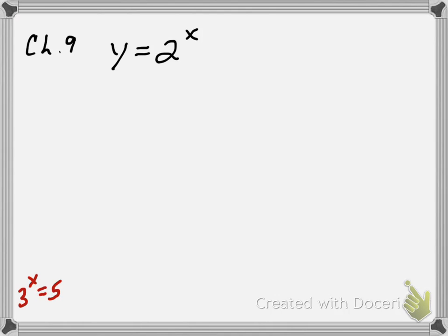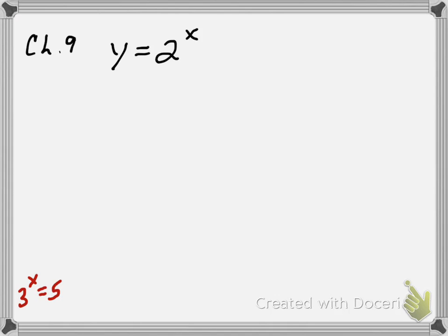You don't know how to answer that right now. You could answer 3 to what power is 9, but you have no way using your current math skills to answer 3 to what power is 5. We're going to learn how to do that using exponential equations and logarithms.